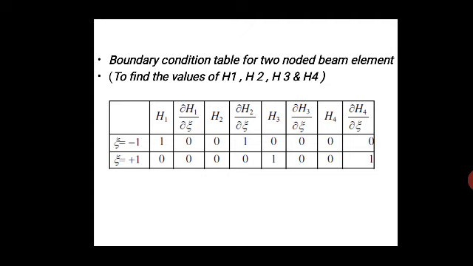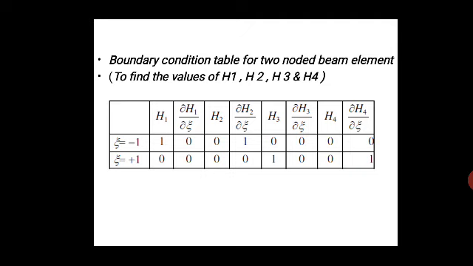Now for the derivation of Hermite shape function, remember this table for applying the boundary conditions. So we call it a boundary condition table. Here at zeta is equal to -1, we consider H1 as 1, and derivative of H1 as 0. Similarly, H2 at zeta is equal to -1 is 0, and derivative of H2 with respect to zeta is 1. And H3 is 0 when zeta is equal to -1, and the derivative of H3 is 0.